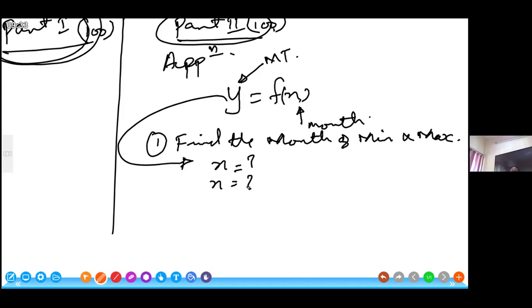I have seen in some exams, when you get the x value, what is the range of possible x values?